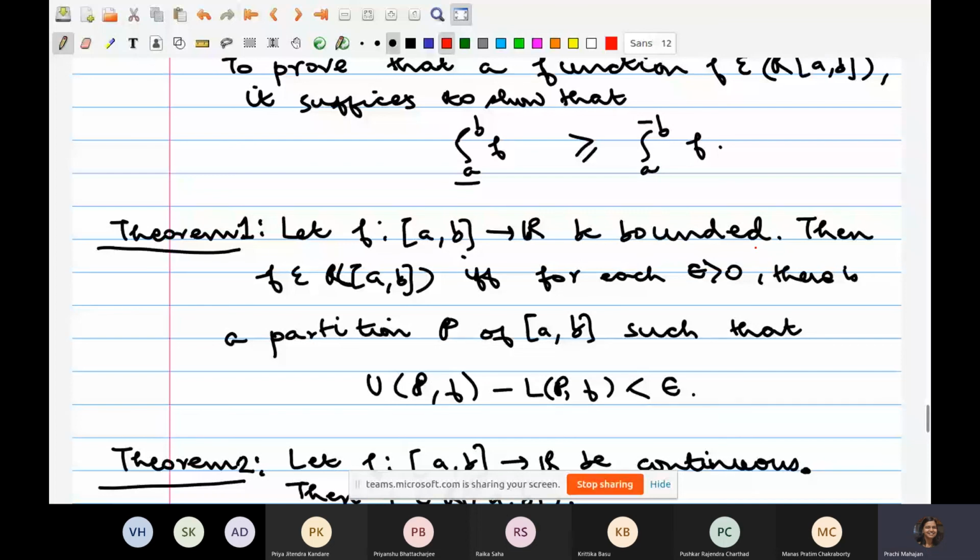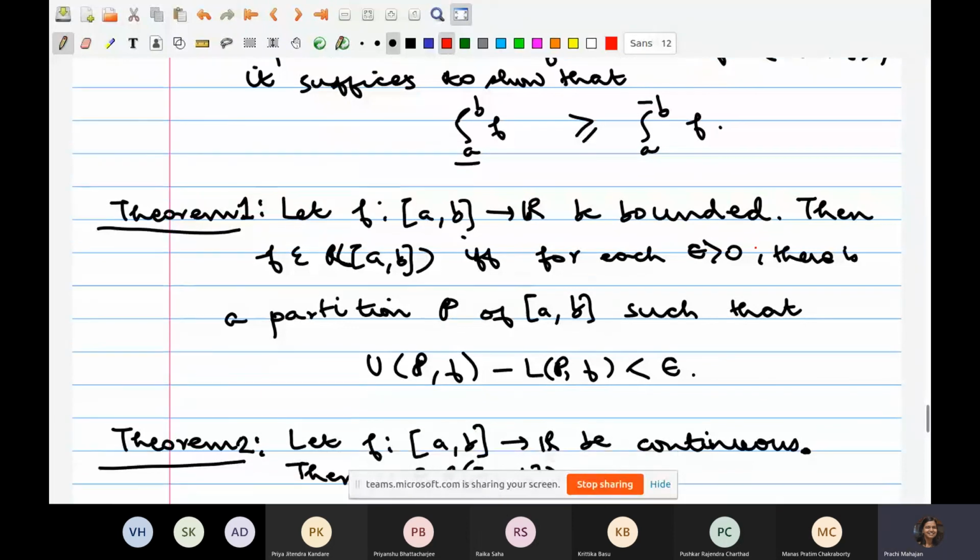So I'm going to say that no matter what partition P of the interval AB I take, the upper and the lower sum are at a positive distance apart. So let's see.